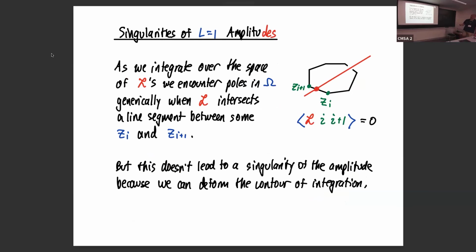Let's say it hits on the line segment between Z_i and Z_{i+1}. So the integrand, AKA the canonical form on this geometry, has a pole when this is satisfied. But this pole in the integrand doesn't need to lead to a singularity of the amplitude because we can deform the contour of integration.